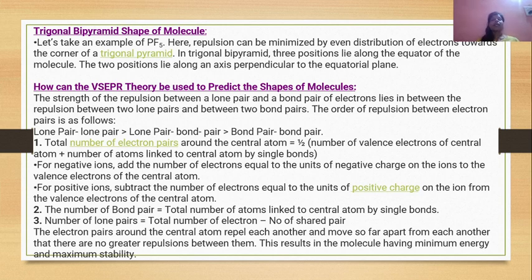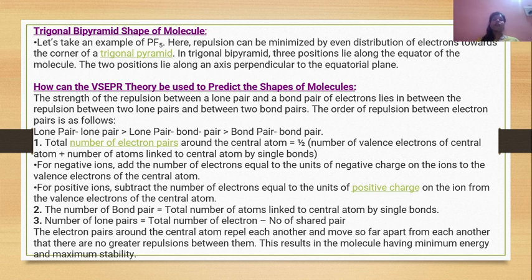Second, for negative ions, add a number of electrons equal to the unit of negative charge on the ion to the valence shell electrons. First we look at the central metal atom, and then we find its valence electrons. Then, if there is a 2 minus charge and 2 valence electrons, we have to add both, that is 2 plus 2, so the total number of electrons will be 4.